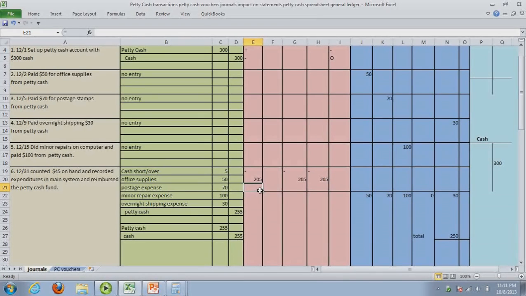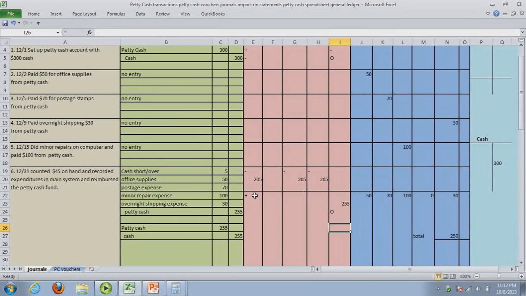Plus petty cash minus cash. So it balances out there. No change to profit, and the cash flow statement, we would be reducing cash for $255, and this would be part of operations.